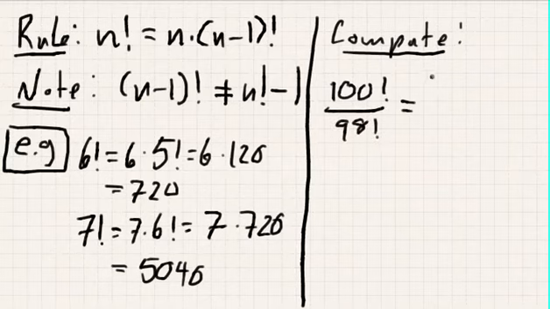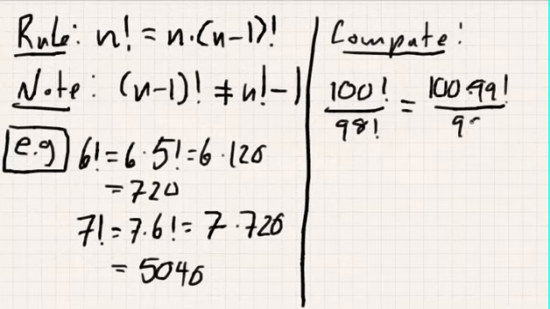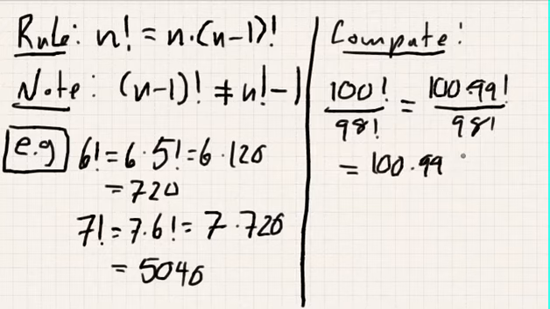Well, 100 factorial is 100 times 99 factorial, divided by 98 factorial. And I'm going to pull apart 99 factorial to 100 times 99 times 98 factorial.